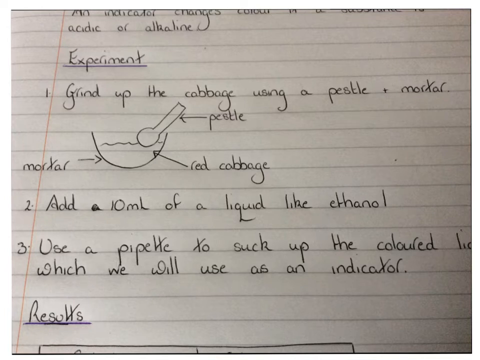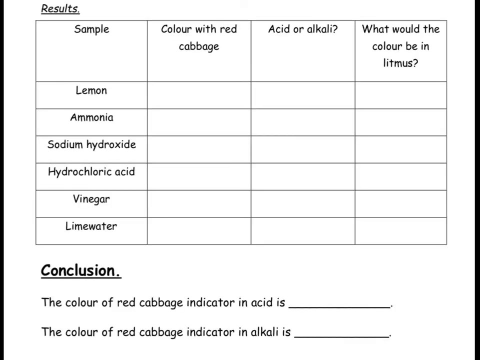Now the next thing that we're going to do is copy in a results table. Remember, you can pause the video as you need to. You'll probably go on to the next page, and this will be our results table. You can see that we have got 3 columns and we're going to test these 5 substances. I'm going to play Mrs. Cummings' video just now.